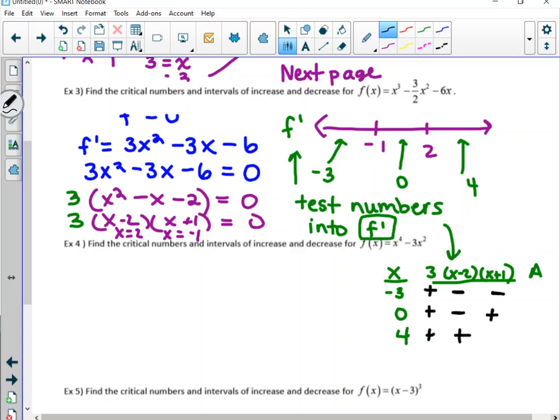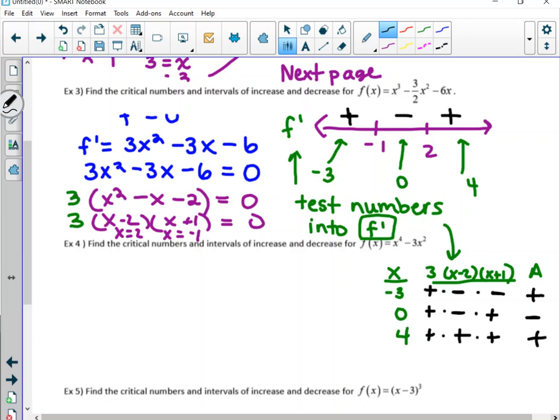It's positive with 0. It's positive with 4. If I multiply these results together, I'll get a positive number when I plug in a -3 overall. I'll get a negative when I plug in a 0 overall. I'll get a positive when I plug in a 4.